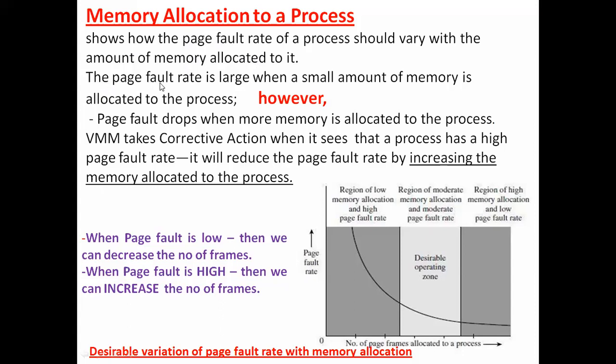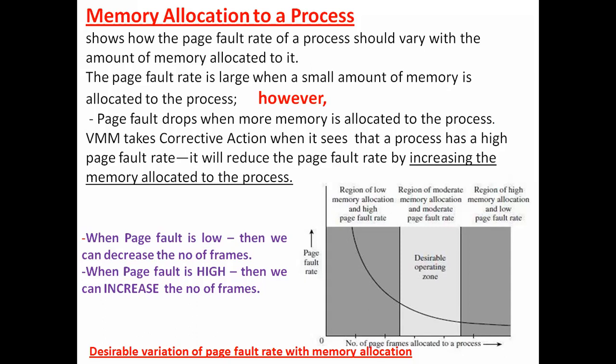The page fault rate is large when a small amount of memory is allocated to a process. What do you mean by this? Suppose for a process Pi, if I'm able to allocate only a small amount of memory, then I can store only a small number of pages.